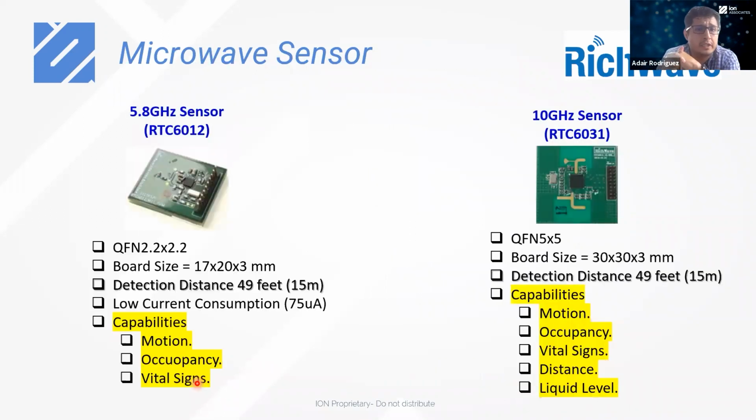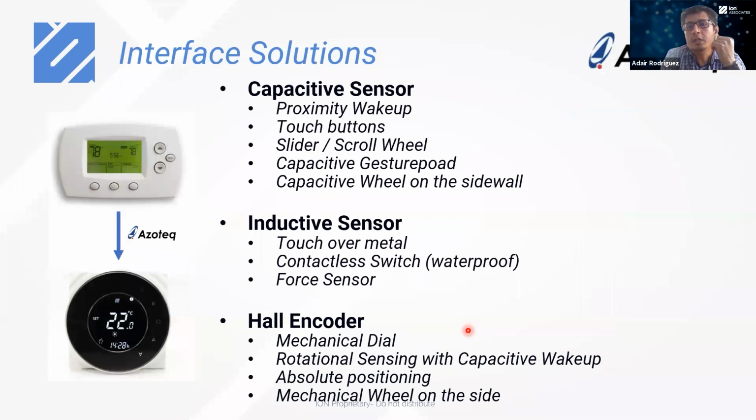We will find two different kinds of sensors, working at 5.8 gigahertz for occupancy, motion, or vital signs, or 10 gigahertz for the same occupancy, vital signs, and even distance. So that would be one of the sensors we can provide. For the other ones, Raul can help. We'll continue the presentation.